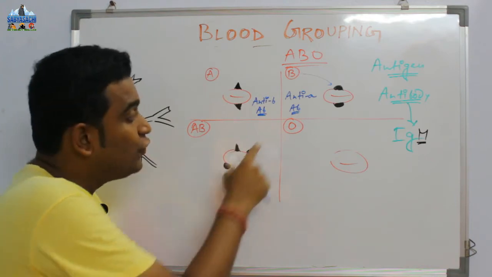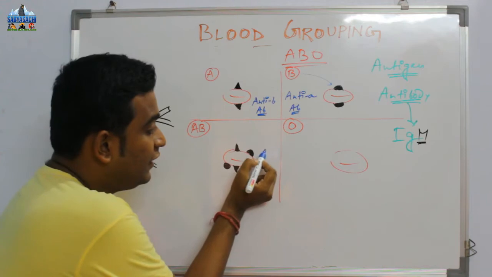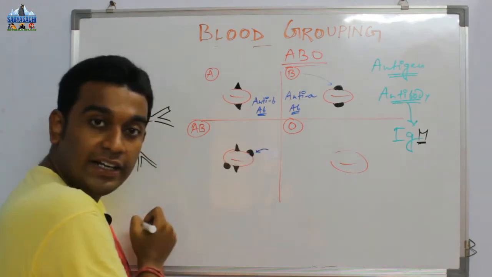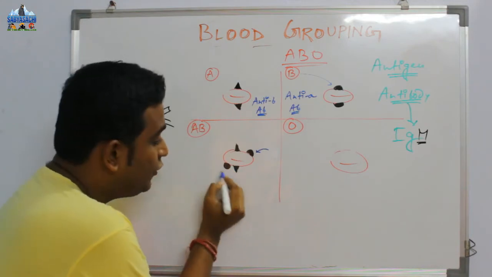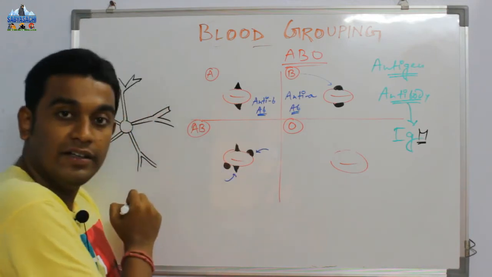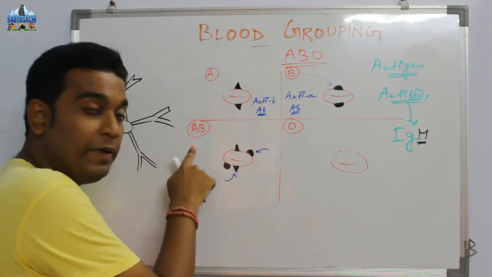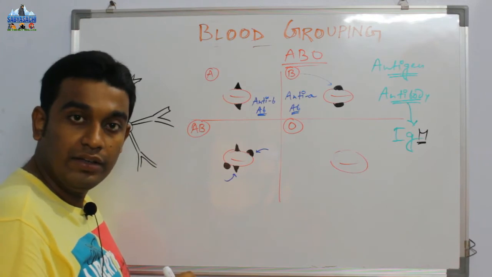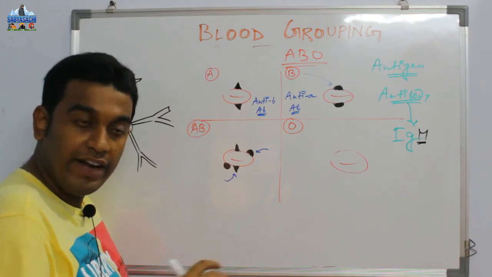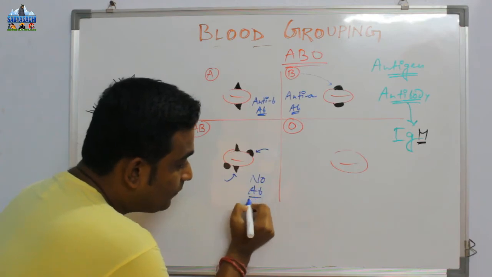Suppose you keep anti-B antibody, what will happen? It will agglutinate here. If you keep anti-A antibody, it will agglutinate here. Right? That is why in AB blood group, you will not find any antibody. Fine? So here, no antibody.